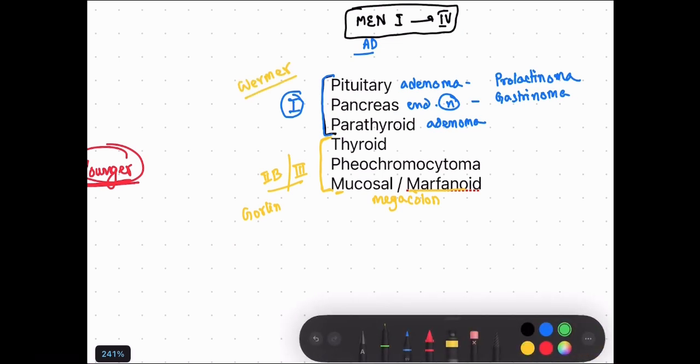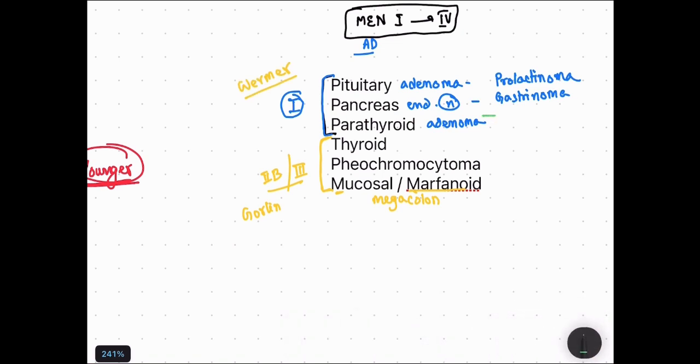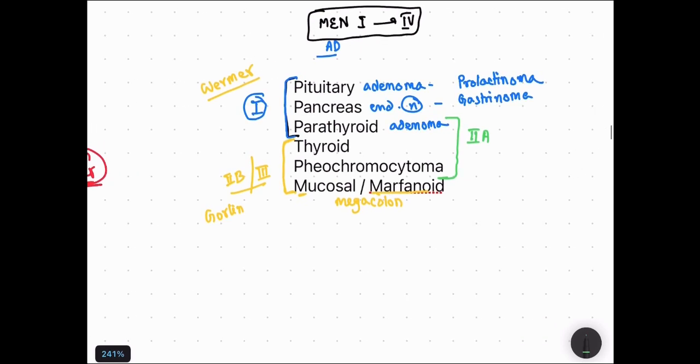Type 2 is where you will have parathyroid features, thyroid and pheo. That is type 2A. Type 2A is also known as Sipple syndrome. The thyroid condition you will see here is medullary thyroid cancer, which we have already discussed. This is medullary thyroid cancer in 2B and 2A, and with 2B it is more aggressive.